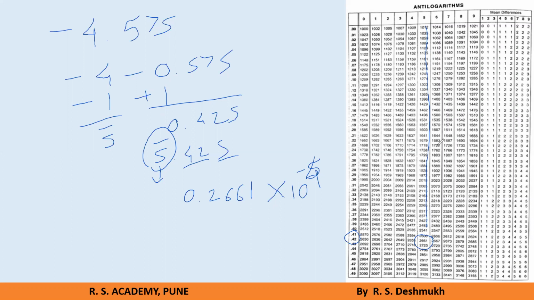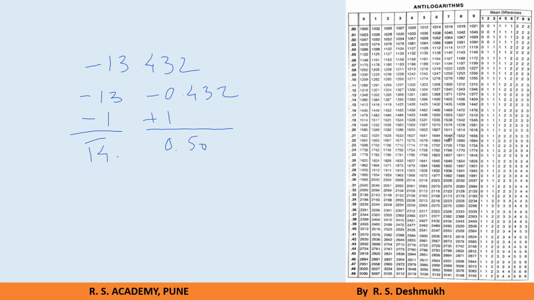Let us take one more numerical for this. Let us say it is minus 13.432, and we want to find the antilog of this. Again, we will make two different parts, minus 13 and minus 0.432. Subtract 1, add 1, so it will become bar 14, and the other part becomes 1 minus 0.432, that is 0.568. If we combine both, this becomes bar 14.568.